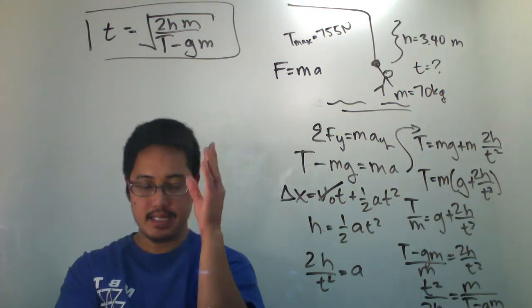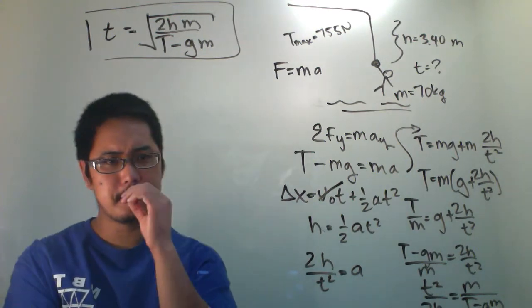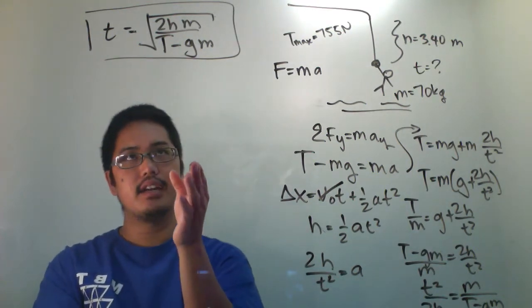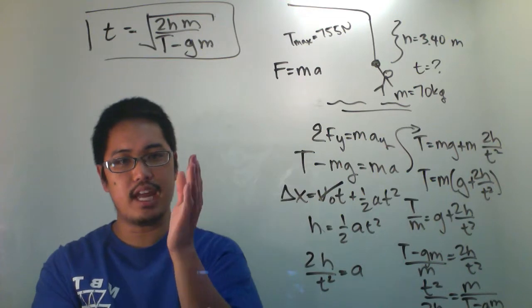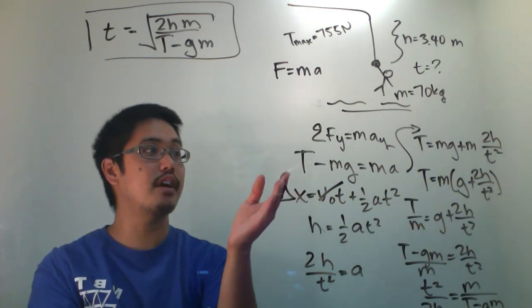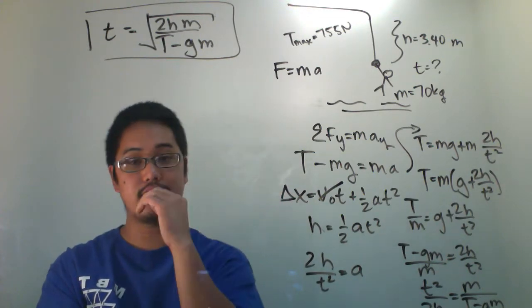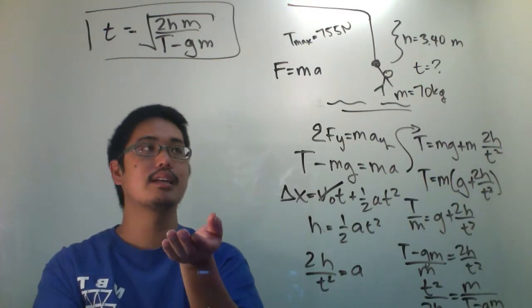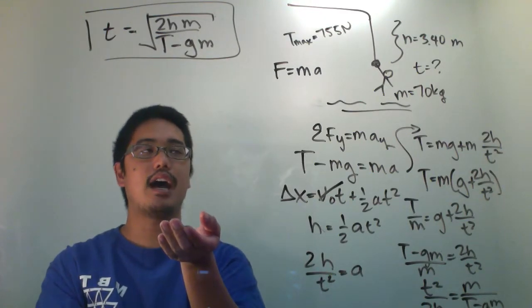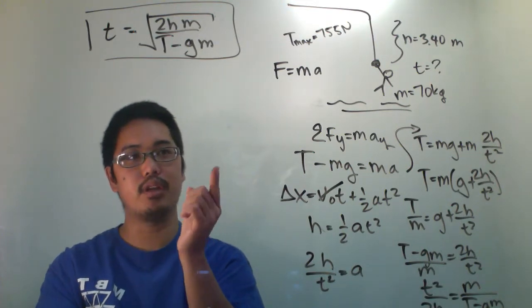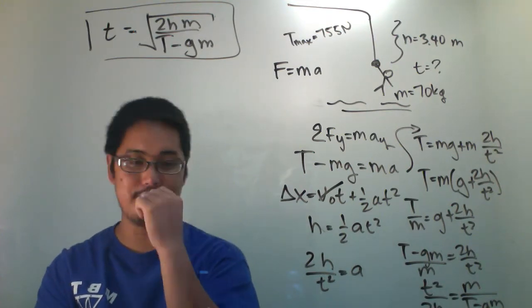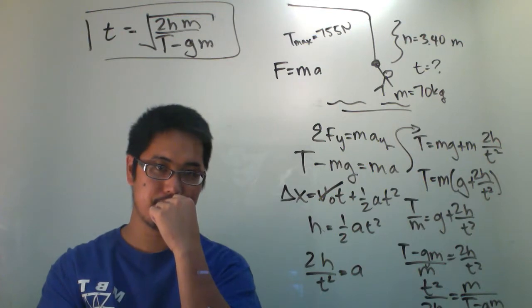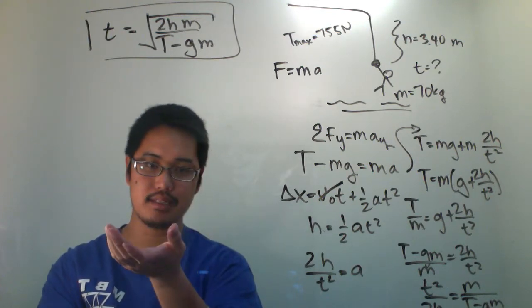Right. Now let's think about what that's telling us. That's saying if I used a cable instead of a 755 newton rope, a cable which can hold 7 kilonewtons or something like that, then I could pull him out of that pit in less time. Does that make sense?